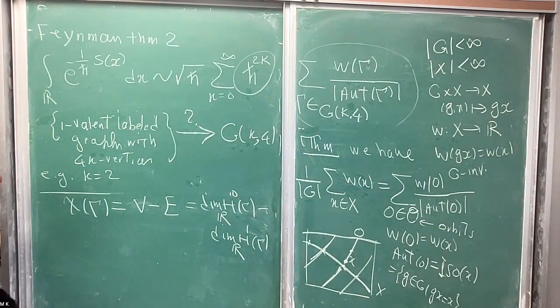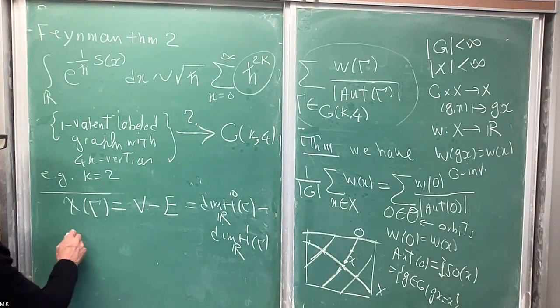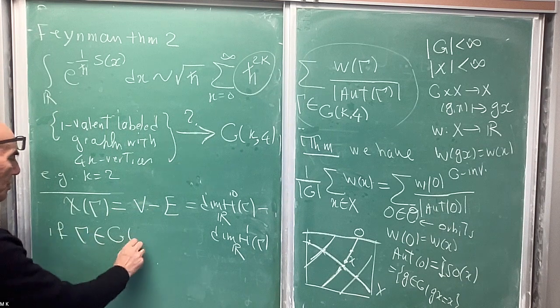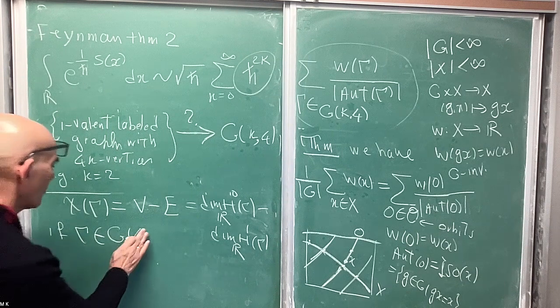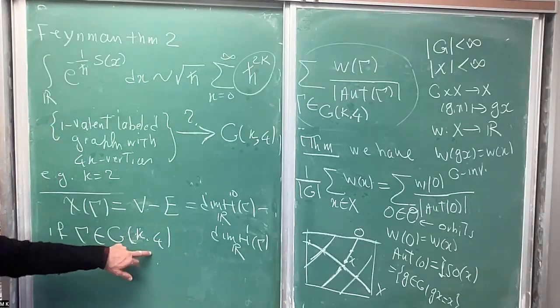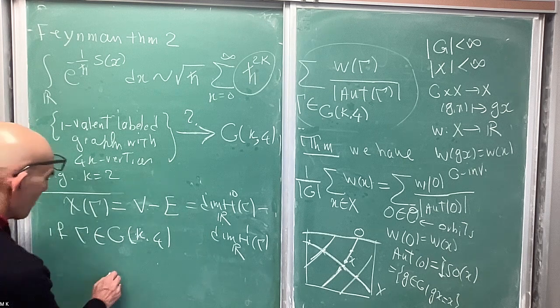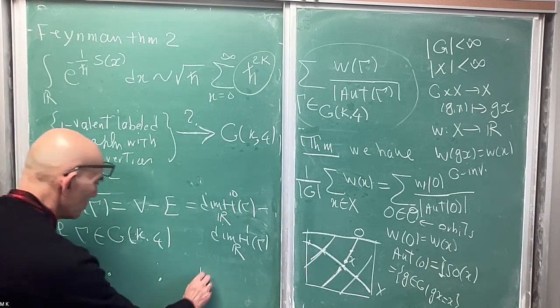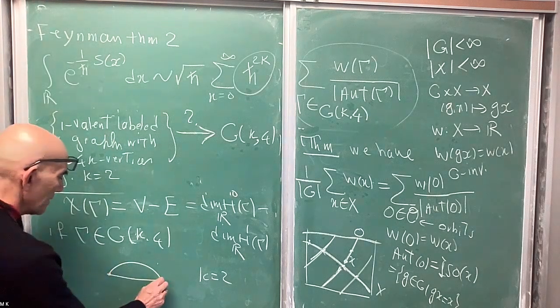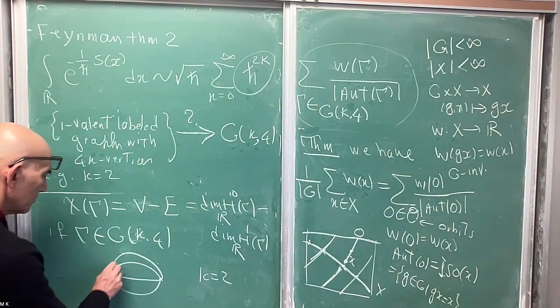Okay, now when you look at this number for, say, our graphs that belong to G, our graphs have K vertices, and they are 4-valent. So for example, imagine K is equal to 2. They are four valent. Let's take the theta graph, for example.